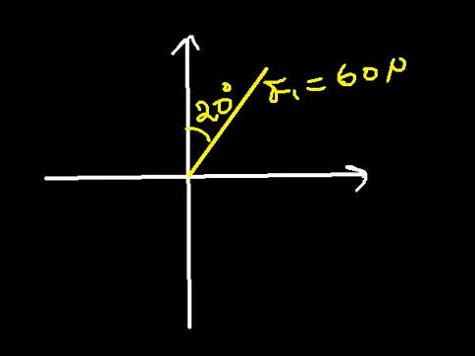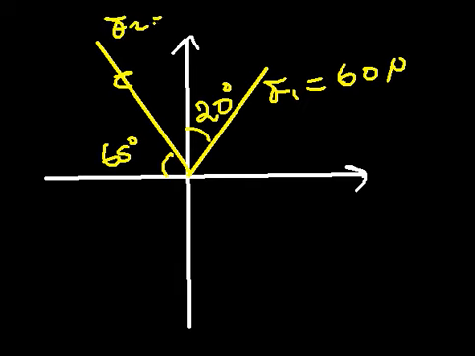And what if we have this case now? Also, we have this. Let's say this is the angle given as 65, and this is F2, 80 newtons. Try to resolve that into components.